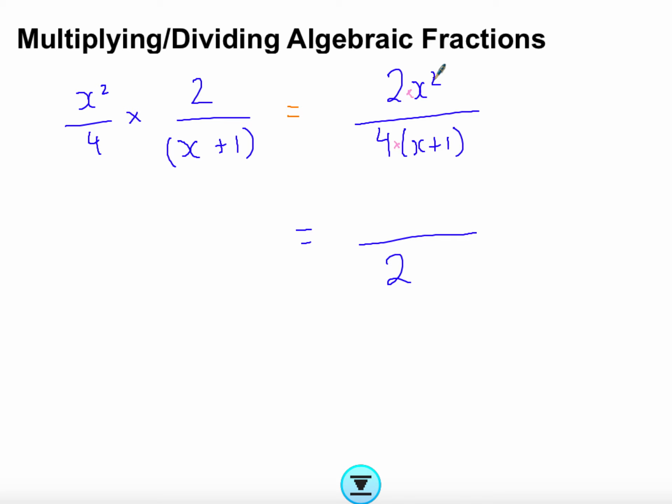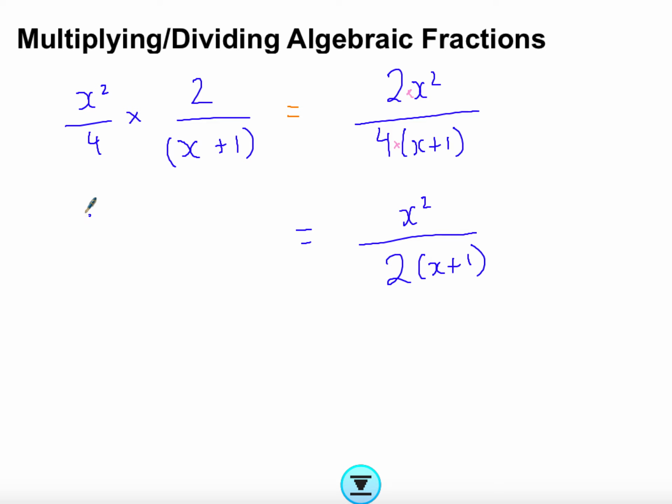Remember, you can't cancel the x squared and the x because this x belongs inside this bracket. If I wanted to cancel this x, then I should have an x plus 1 exactly identical here. So if you want to cancel anything inside the brackets, then you have to have an identical bracket in the numerator, which I don't. So this does not simplify, and this is my final answer.